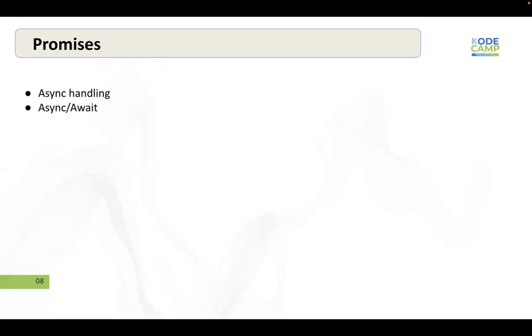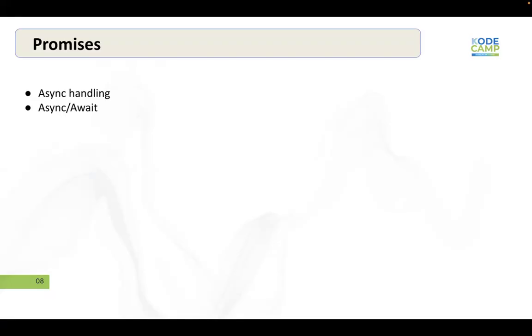So the receipt has three possible states: pending, fulfilled, and rejected. Pending, the operation is still in progress. Fulfilled, that is resolved, the operation completed successfully. If the promise is rejected, the operation failed. So promises have three states: pending, fulfilled, and rejected.